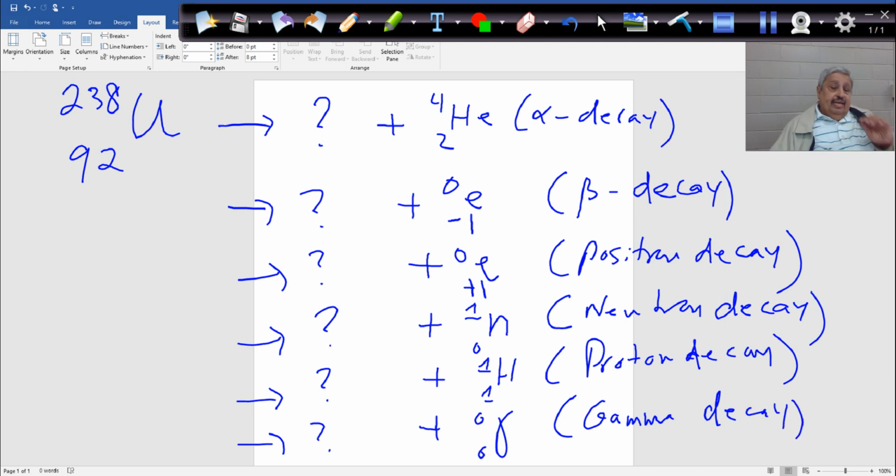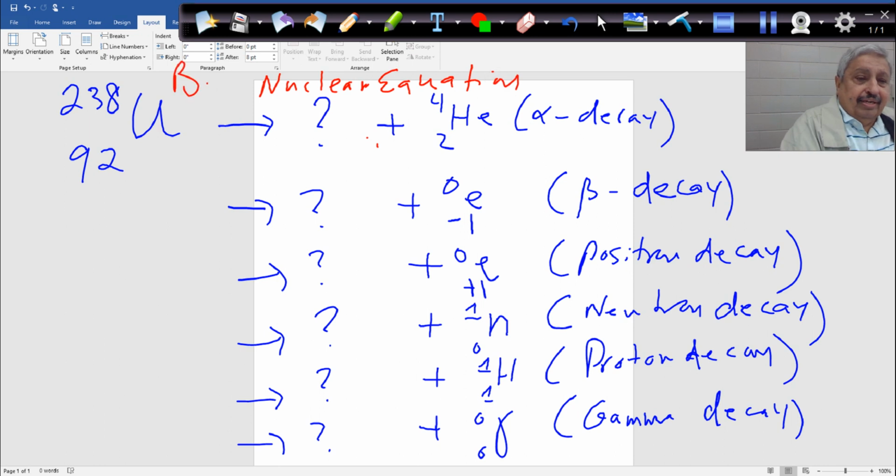Okay, guys. Now, before we determine the elements, we have to learn something called the nuclear equation, and the topic is balancing.